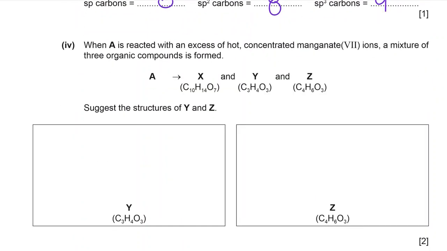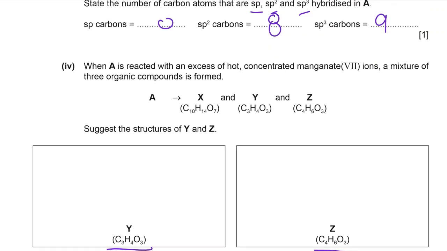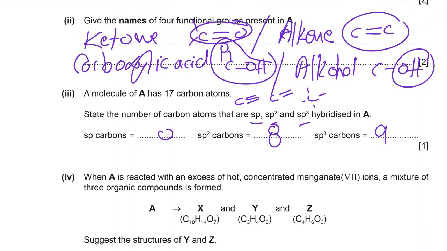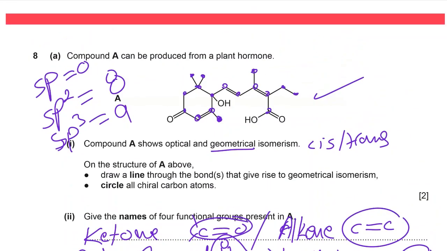When A is reacted with an excess of hot concentrated manganate ion, a mixture of 3 organic compounds is formed. Okay. So he's asking about the one with 3 carbons and the one with 4 carbons. So let's go to the compound. Hot manganate means you need to break down the compound.